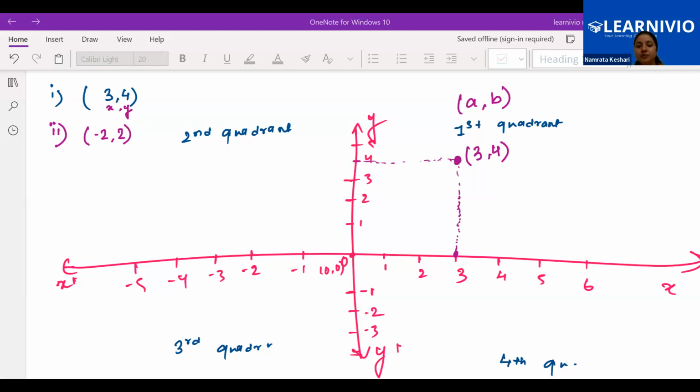Heather, Hanan, keep on thinking, let me know. Okay, Saad? Fourth. Tara? Second. So, okay, let's see where exactly it is going to lie.